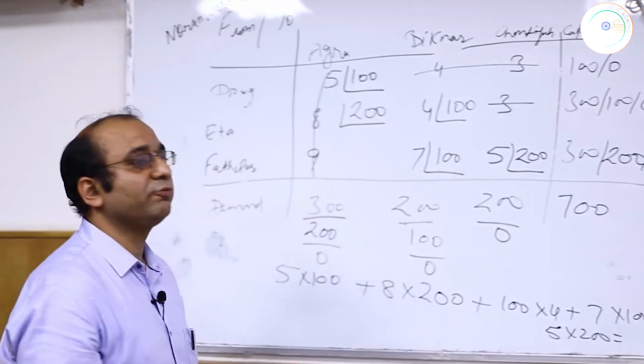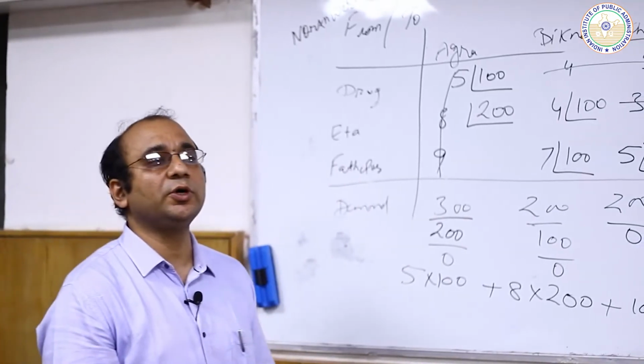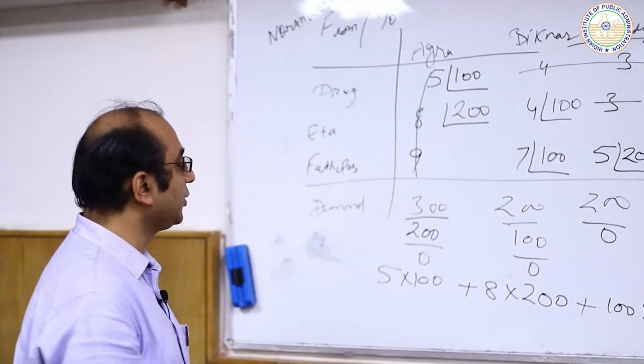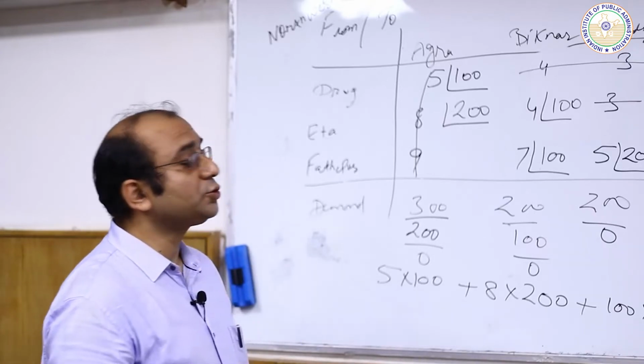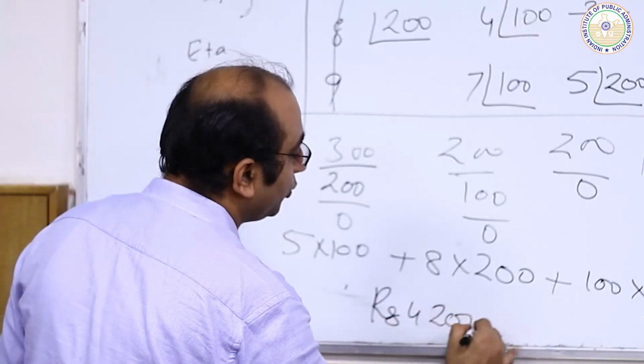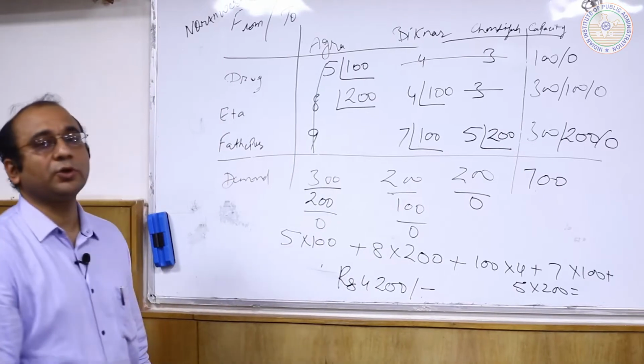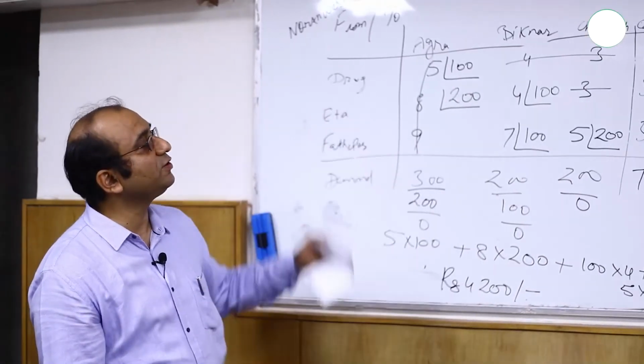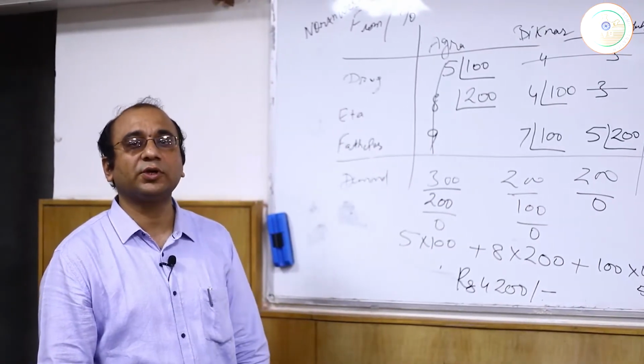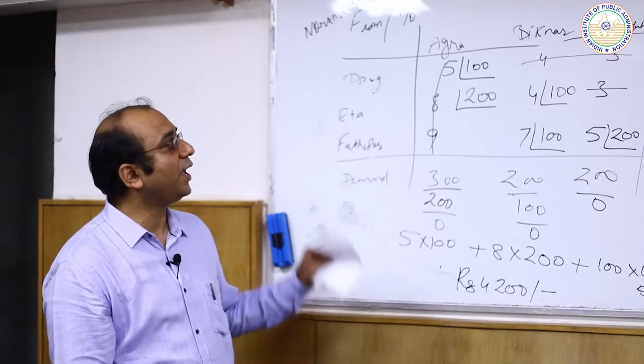That is how I am going to transport the goods from one place to another. Let me see now what the total cost is: rupees 4200. So, that is the total cost of transportation, which is the initial feasible solution given by the northwest corner method.